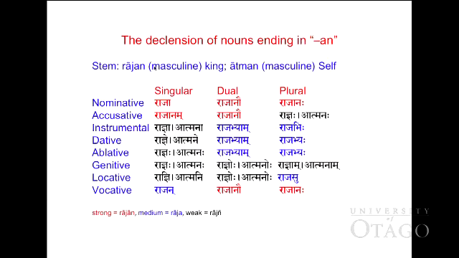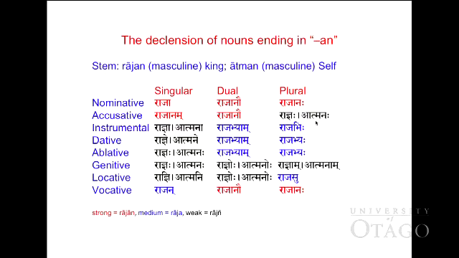So let's see now nouns in -an. This chart is a declension of nouns ending in -an. The stem rājan, masculine, means king. Ātman, masculine, means self. You can see from this chart eight cases and singular, dual, and plural. So rājan declines like rājā, rājānau, rājānaḥ, rājānam, rājānau, and rājñaḥ.